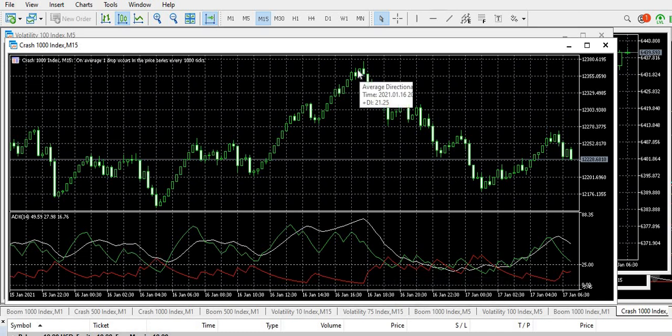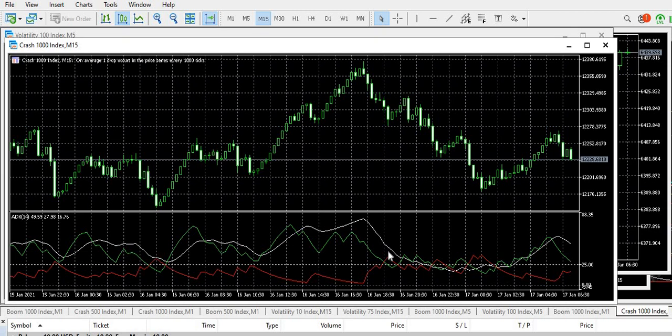And then during the times when it is going down, you will always find that our momentum is coming below level 25. So it still does not work on M15.